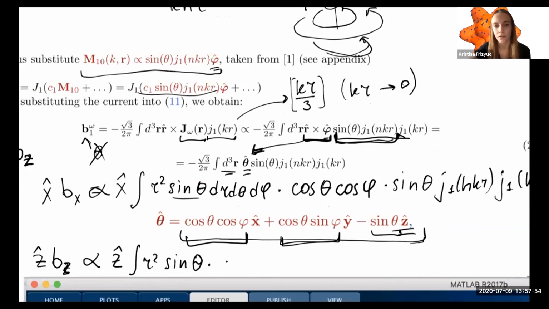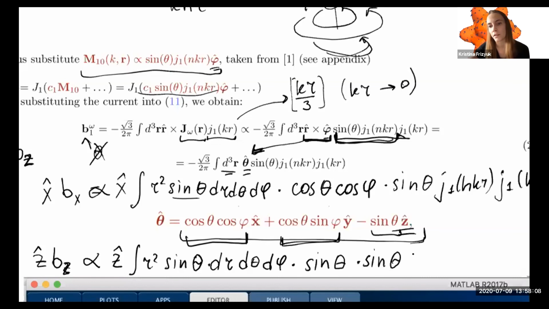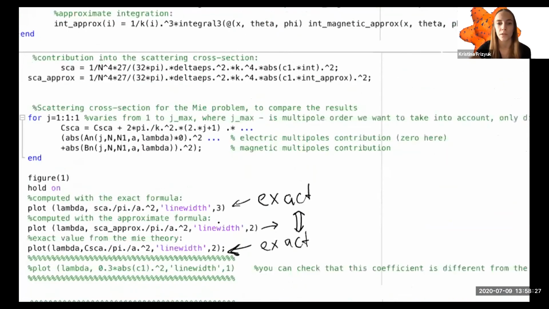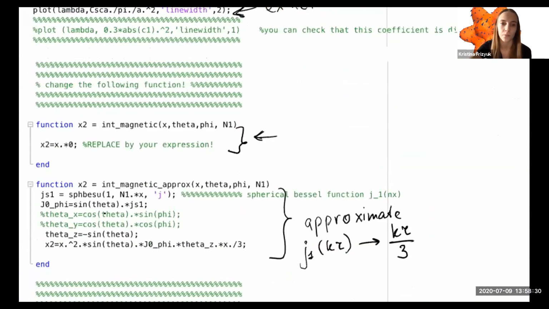And here we put sine of theta, and then again sine of theta, and then two guys with Bessel functions. And this expression is exactly what should be written here.